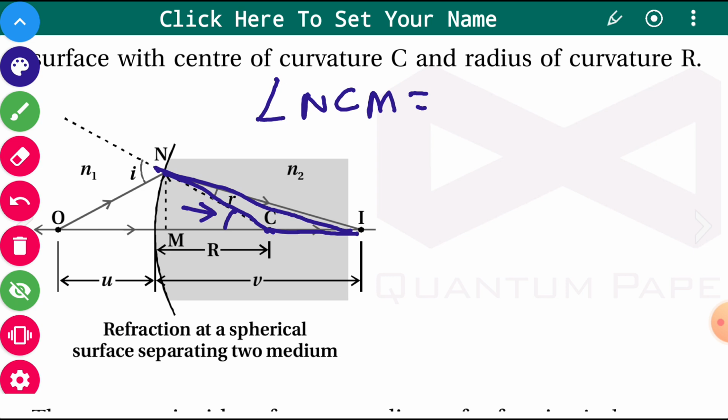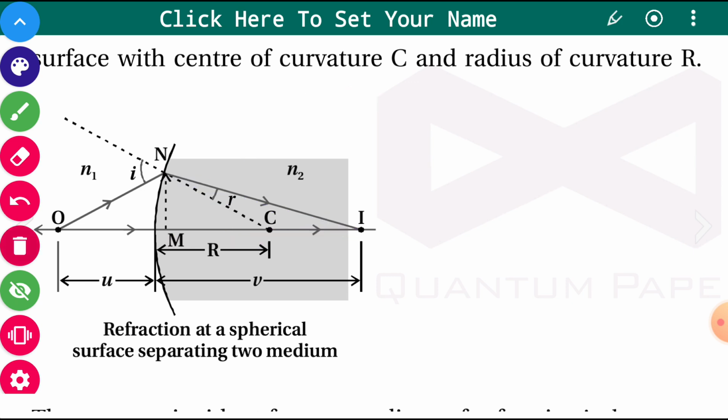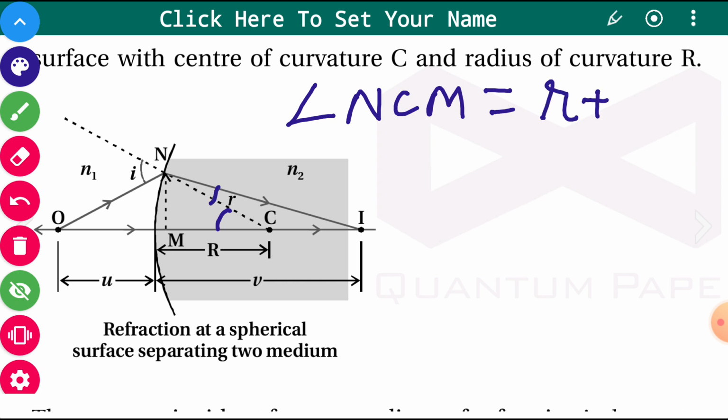Now see, interior opposite, one is this angle R and the other one is angle NIM. This angle NIM is the other interior angle. So angle NCM is the sum of interior opposite angles, that is R plus angle NIM.